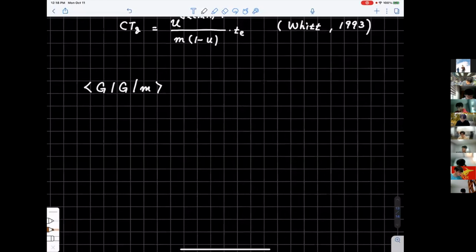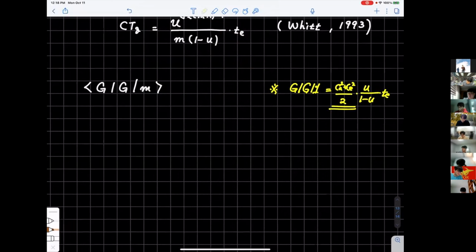What was GG1? We have concluded GG1 like this by multiplying these terms here.